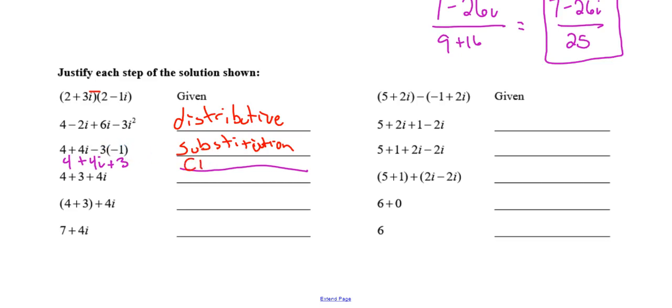Alright, and then from this step here where I have -3 times -1 and I get a +3, that is the closure property. So the closure property is just kind of like a simplification. When you're completing an operation, you'll use the closure property. Alright, and then our next step here is to rearrange the problem. So when you rearrange, that's called the commutative property of addition.